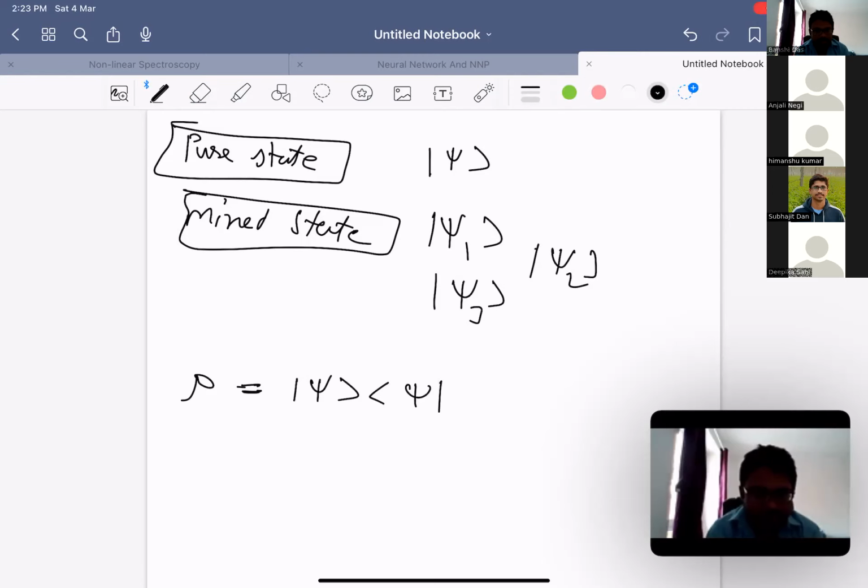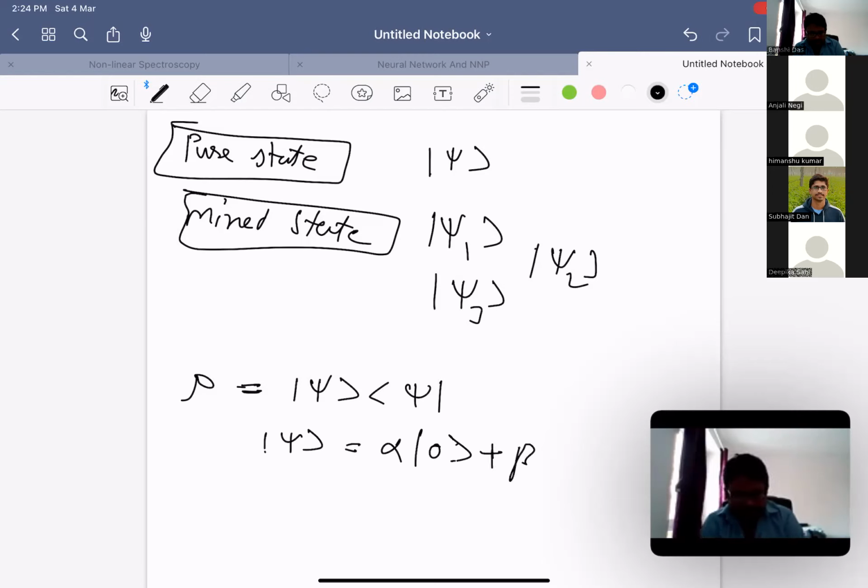The wave function psi can be written as a linear combination, or superposition, of different states: alpha times the 0 state and beta times the 1 state.